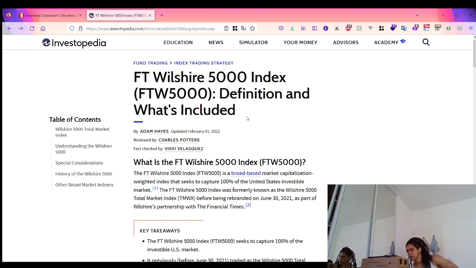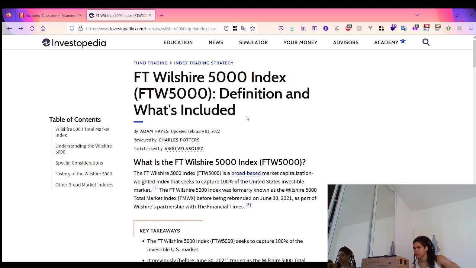Basado en anchura. Capitalización de mercado de amplitud.